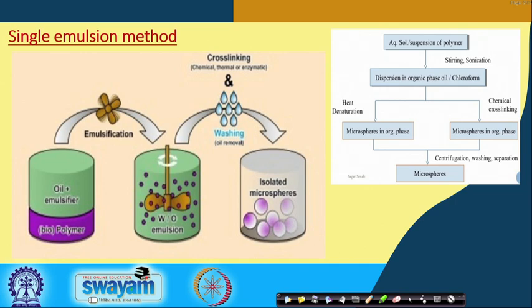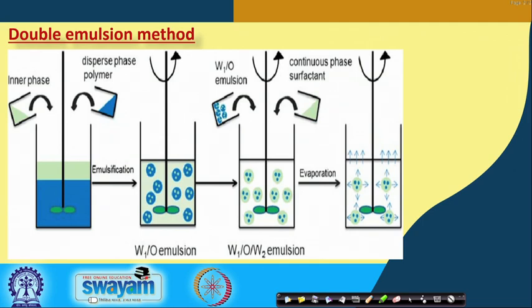Then, either by heating, where denaturation occurs, or by the process of chemical cross linking, microspheres are formed in the organic solvent phase. Once the microspheres are formed, they are isolated by centrifugation, washing and separation processes.